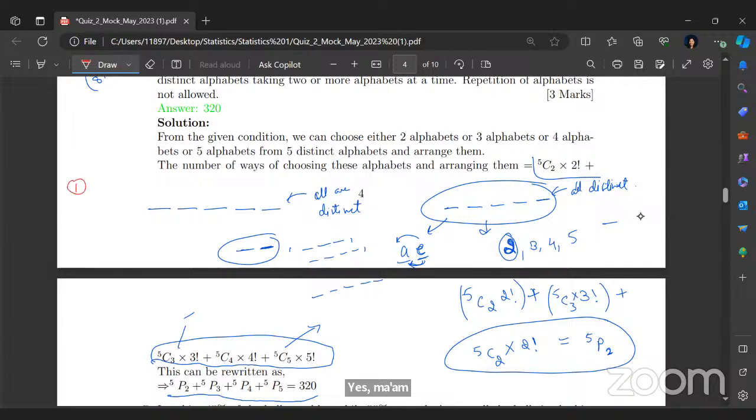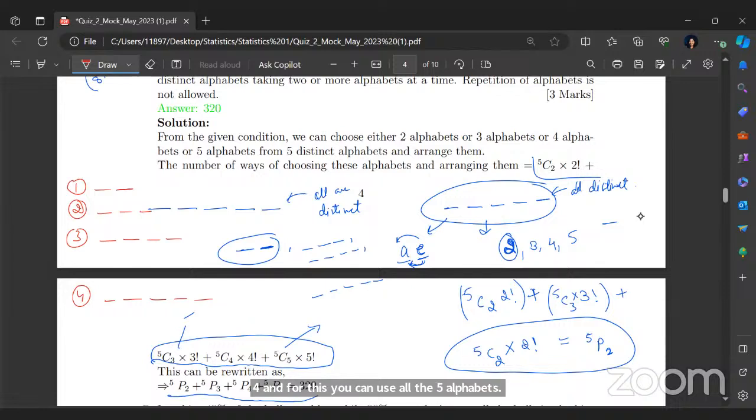First is 2, second is 3, third is 4, and fourth is you can use all the 5 alphabets. For words using 2 alphabets, from the total of 5 you choose 2, so that is 5 choose 2. And now you can arrange these 2 alphabets at these places, which can be done in 2 factorial ways.